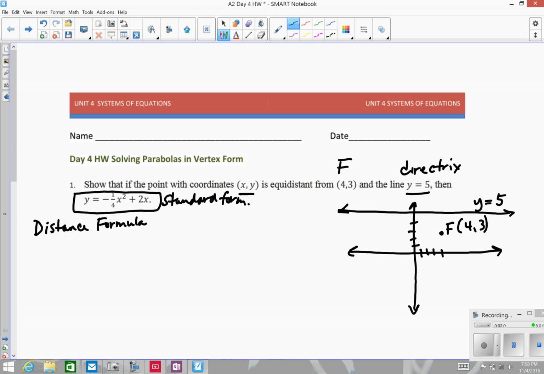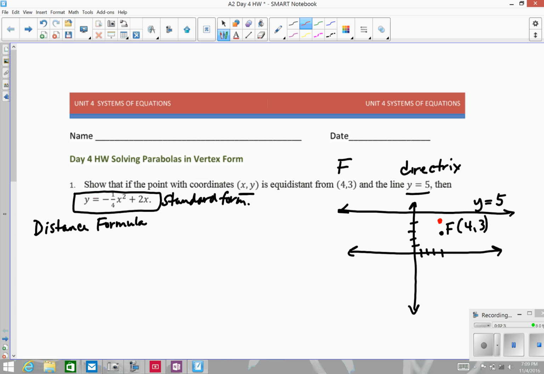Okay, so my vertex for this parabola is going to be right in between this focal point F and that directrix. So I'm going to figure out where that is and place that point. From my focus to the directrix there's a distance of 2 units, so halfway would be 1 unit.